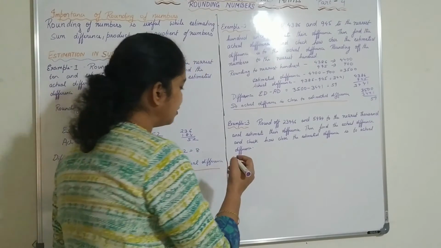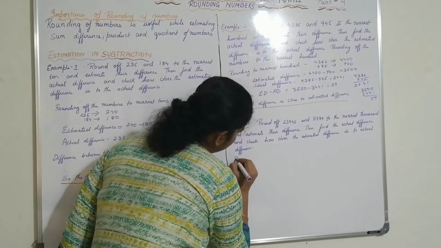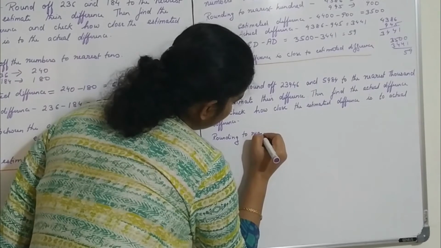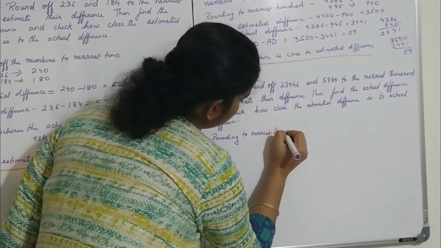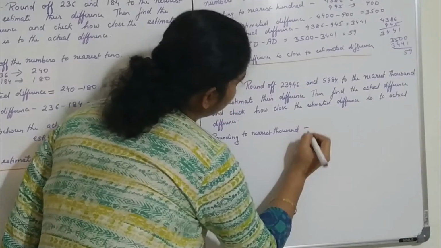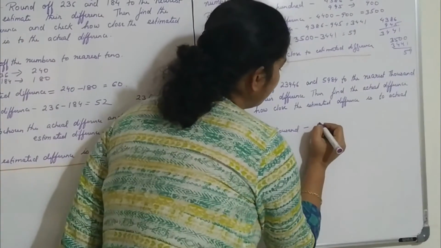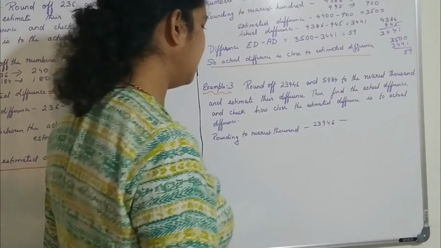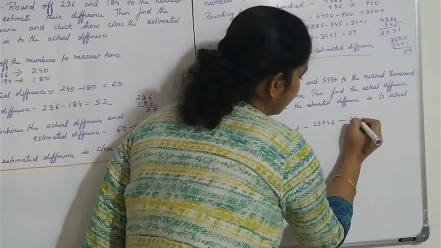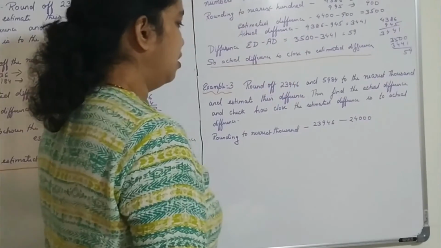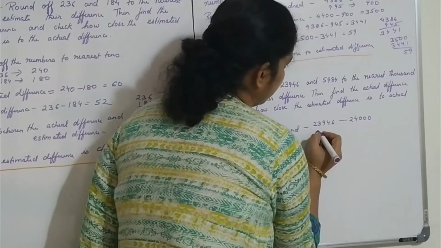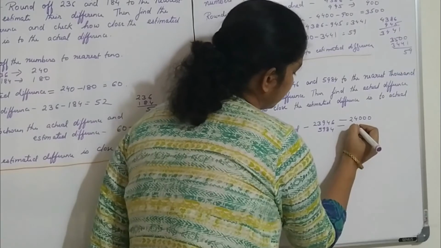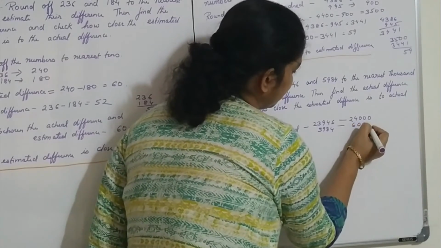In the same way, we do rounding to the nearest thousand. 23946, when rounded to the nearest thousand, will be 24000. Now 5984, when rounded to the nearest thousand, will be 6000.